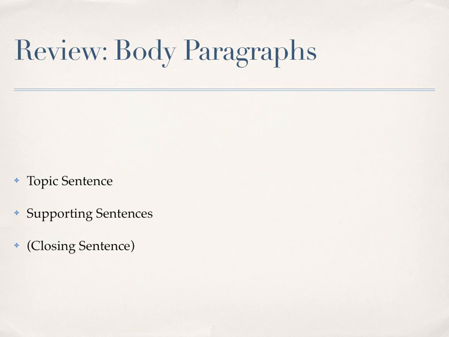All body paragraphs also need supporting sentences to provide details, examples, and depth to sort of flesh out the statement made in the topic sentence. And some body paragraphs need closing sentences, which can either hint at what is to come in the next paragraph or sum up what has been said in the paragraph that was just written.